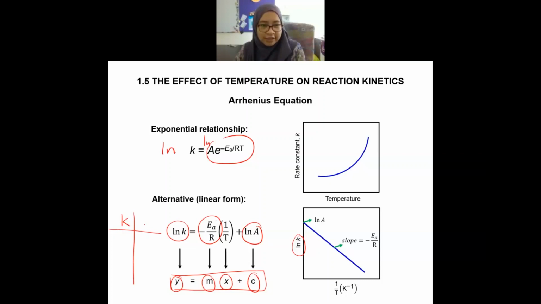Data dia log K dengan T. Dia bagi K dengan T. So dia nak you draw a straight line graph. So how do you draw this straight line graph? Okay, that means you kena prepare this ln K and also 1 over T, ln K versus 1 over T like this. See? Then you dapat straight line.